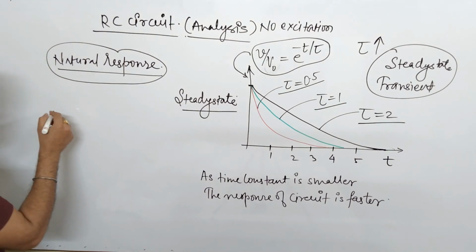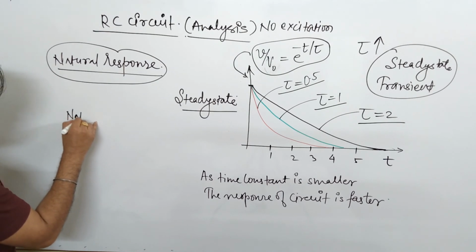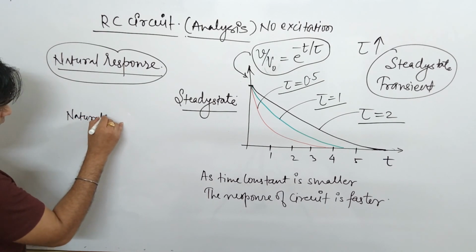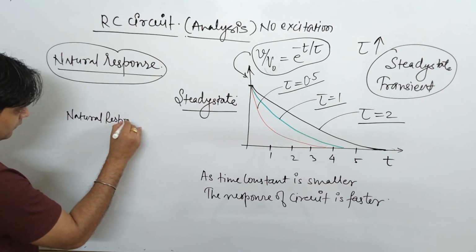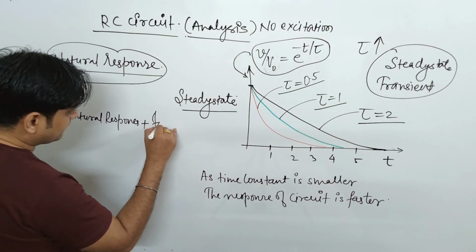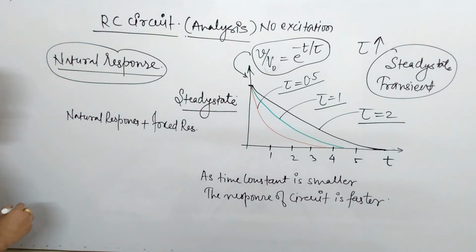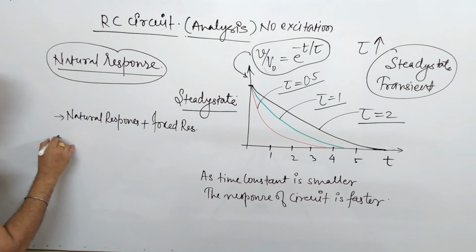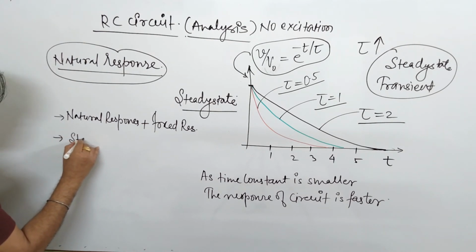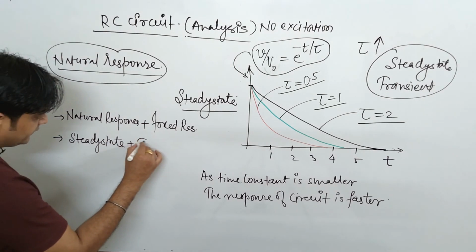For the timing, I will just explain. We will talk about natural response and forced response. This is the first point. Then we will talk about steady state, then transient.